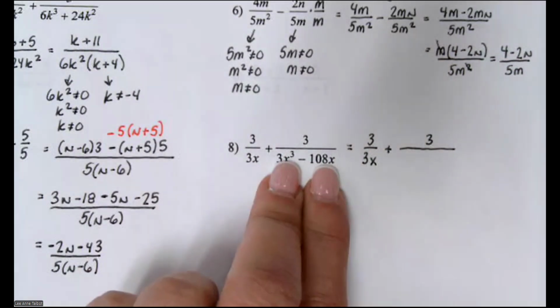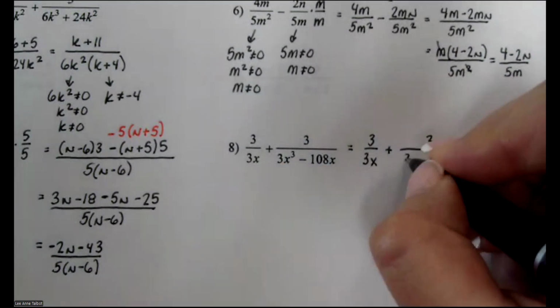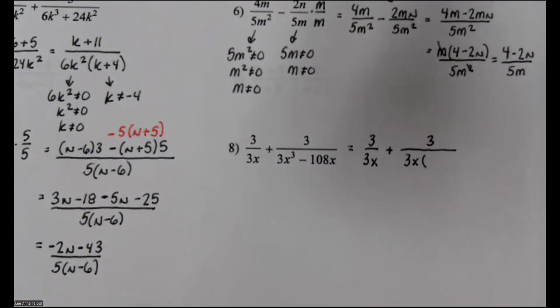Okay, first question is, what's the GCF? 3x. Okay, and do you guys see why that's convenient? That the GCF is 3x?